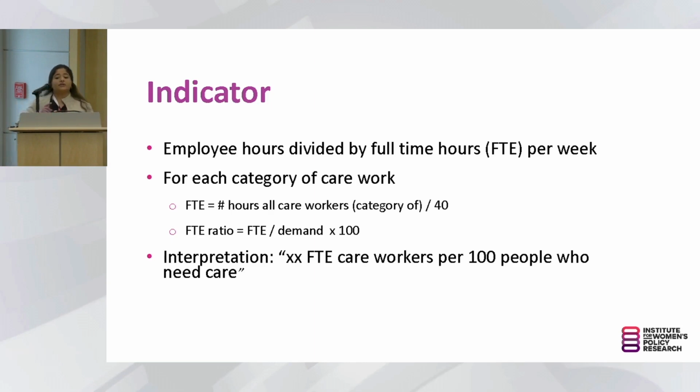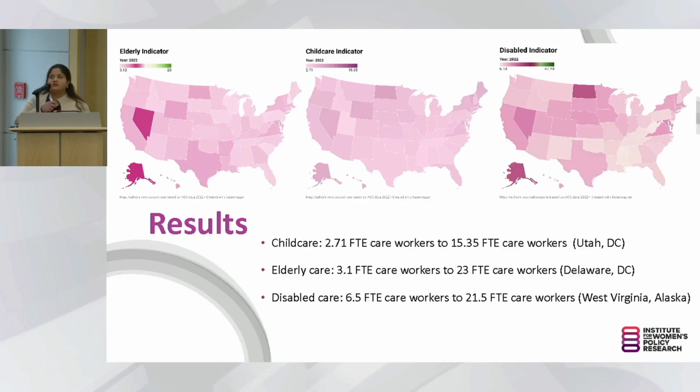This is for each category, so we have three indicators: one for childcare, one for elderly, and one for disabled. This gives an insight into the range of full-time equivalent workers that we have. The results I'm showing you here are from the year 2022, so it's the most recent data.